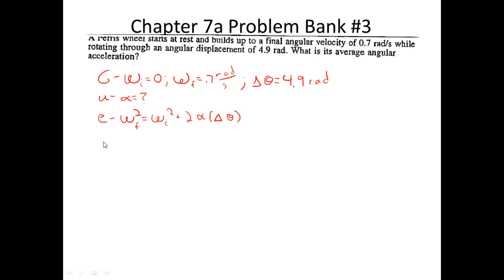Substituting everything in, we have 0.7 squared is equal to 0 squared plus 2 alpha times 4.9 radians.